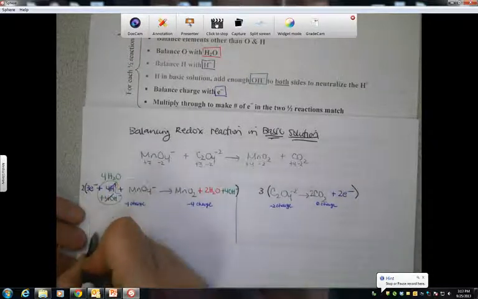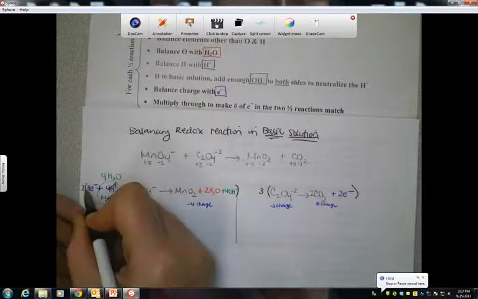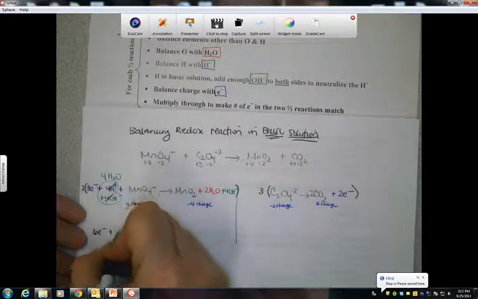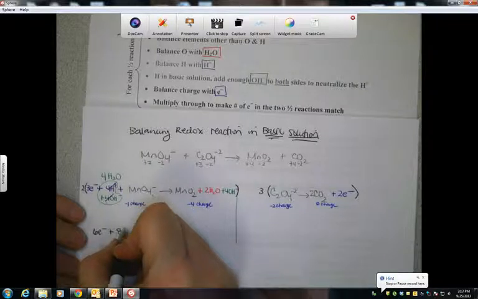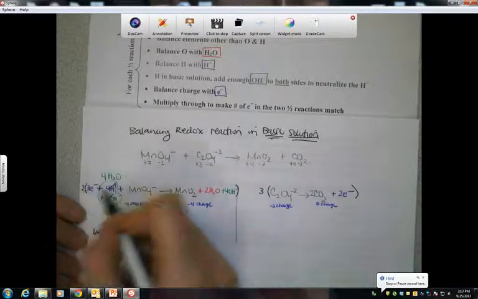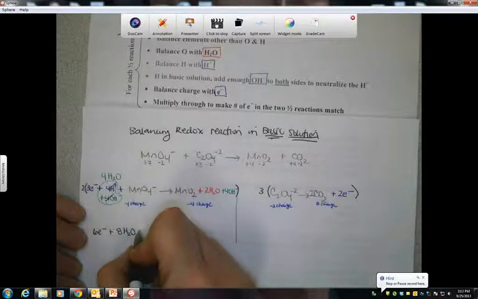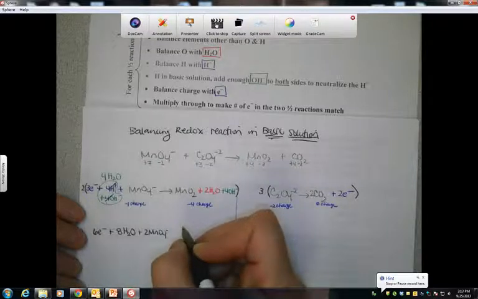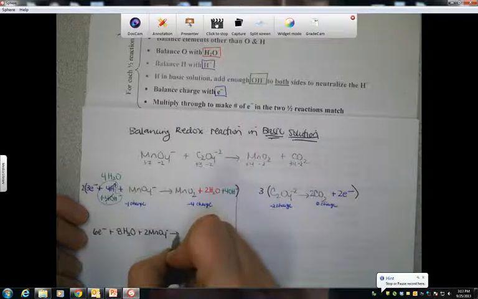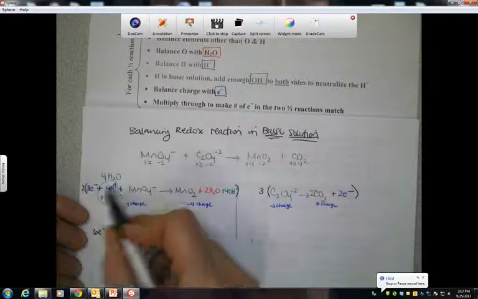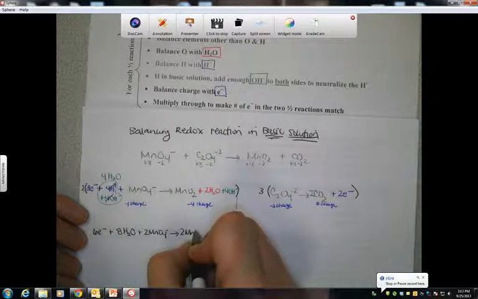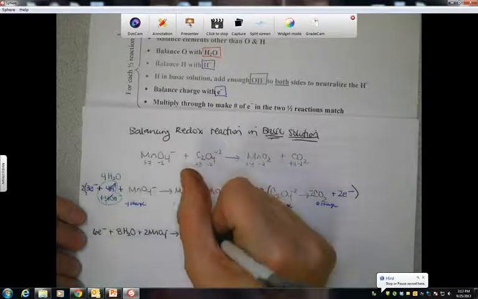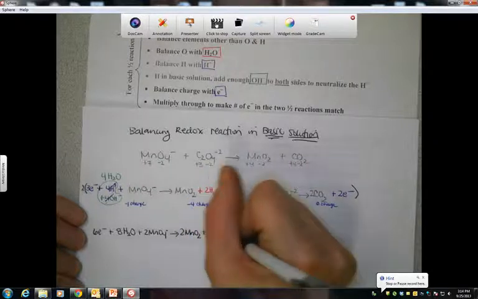So 2 times 3 makes 6 electrons. 2 times 4 is 8 water molecules. 2 times 1 MnO4 gives us 2 MnO4 minus. And then we draw the arrow, and again, we're multiplying the whole equation: 2 MnO2 plus 4H2O plus 8 hydroxide.